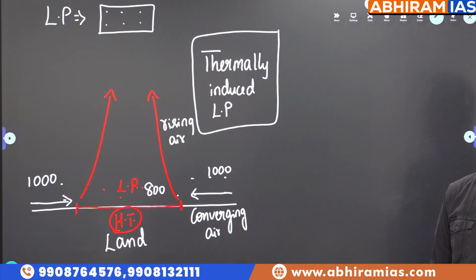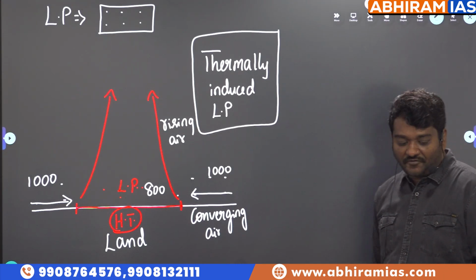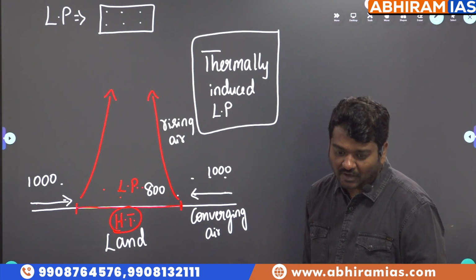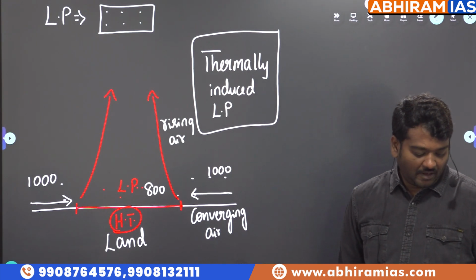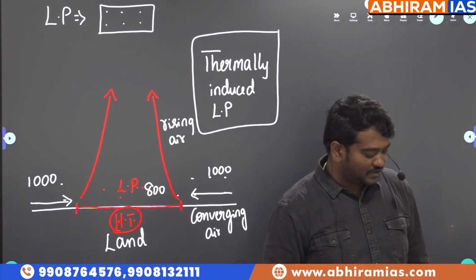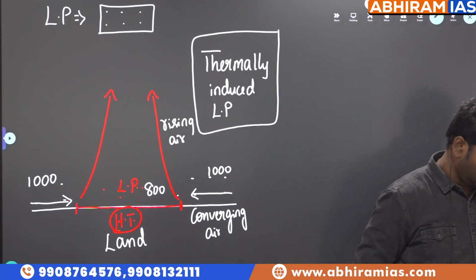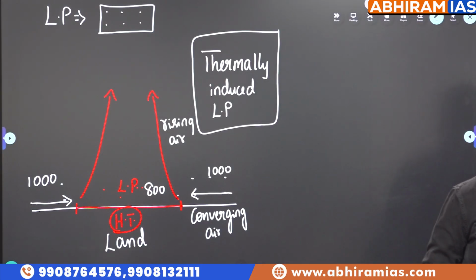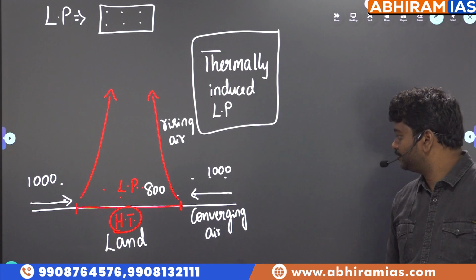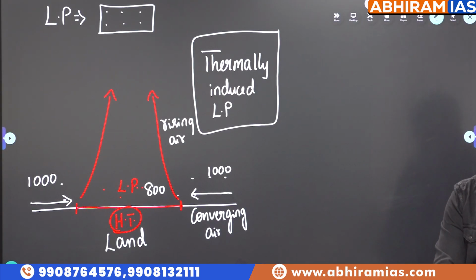Hyphen, if Earth's surface temperature is hot, comma, then there will be converging and rising air.